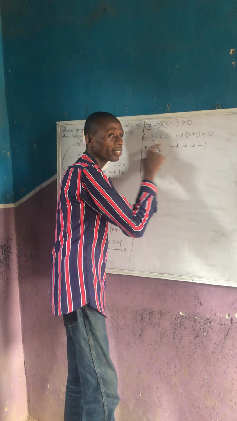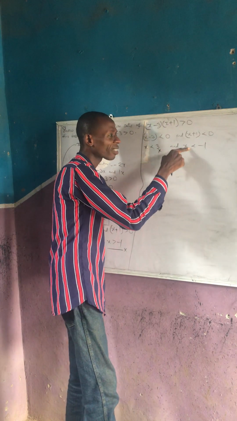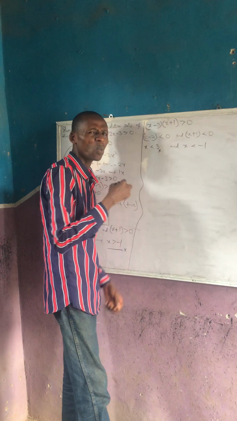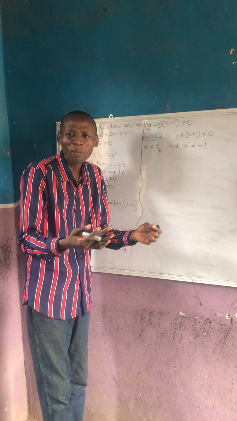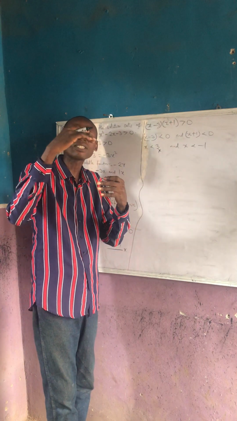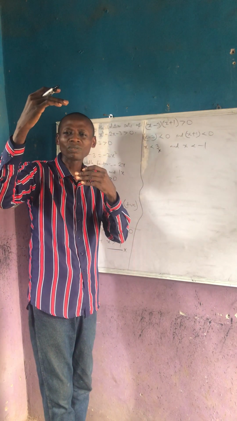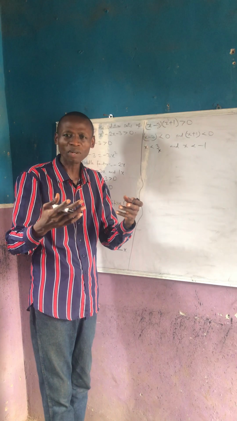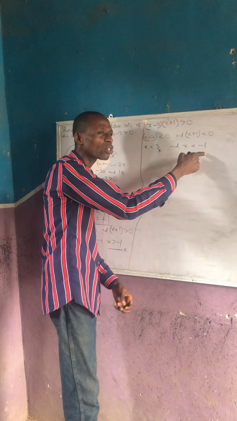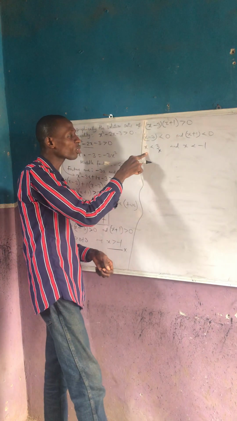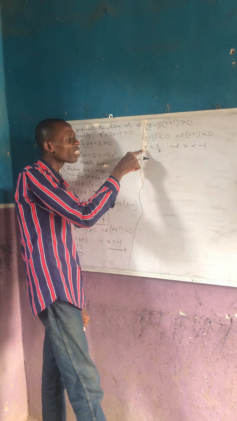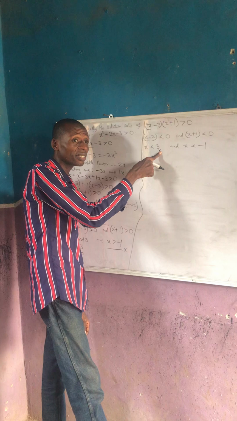Now let us check this. x less than minus 1. What value is less than minus 1? You know, with negative numbers, the higher the number looks, the lesser it is. So what number is less than minus 1? Of course, that is minus 2. So let us put the minus 2 here. You ask yourself, is minus 2 less than 3?